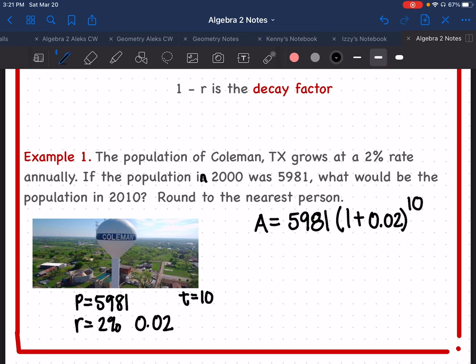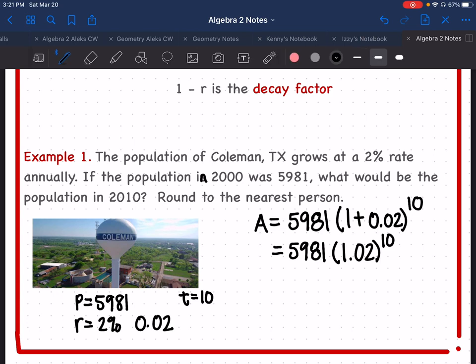Now you can pop it into the Desmos calculator just like that, or you could do the addition of the 1 plus. I just want to show you in case it gives it to you like this. This is exactly how I know that it's a growth because notice right here, I'm seeing that 1 point. I'm not seeing a 0 point.